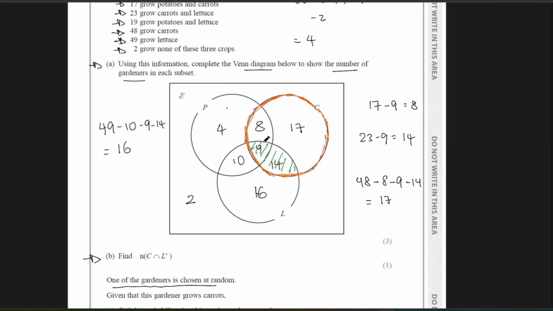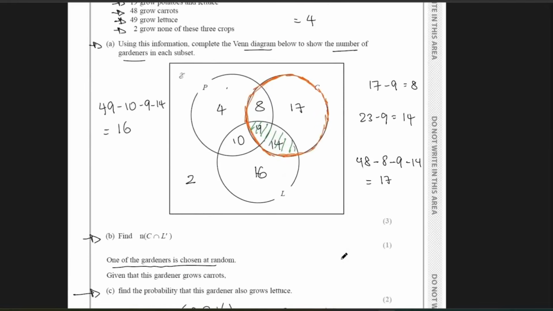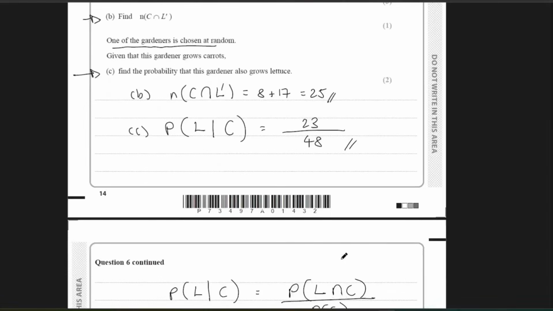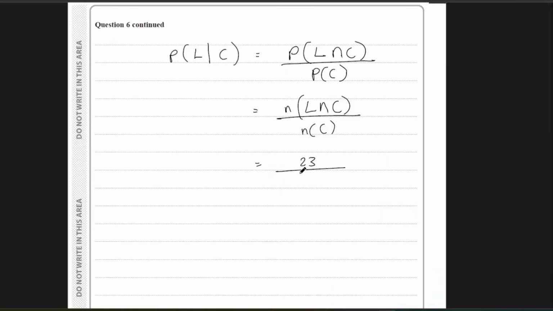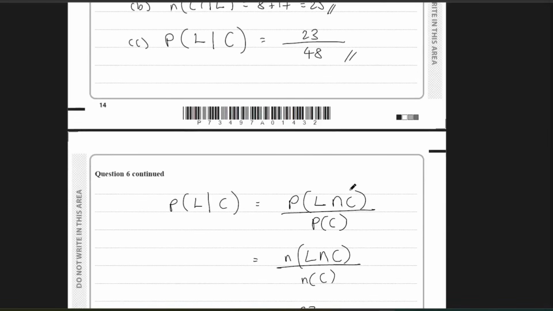L intersect C is 23. The number of L intersect C is 23 divided by the number of C, which is 48 altogether. If we add all of them, 8 plus 17 plus 9 plus 14 gives us 48. So 23 over 48, and we get the same answer. Both the methods are fine. You can use any method you like.